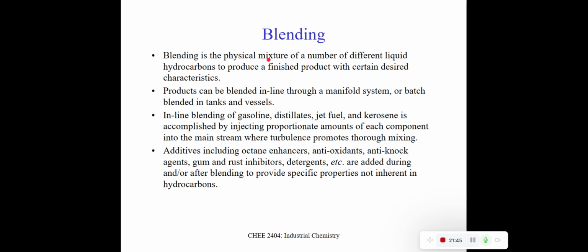These can be of two types: inline and batch blending. And these are mixed by injecting a proportionate amount of each component into the mainstream where turbulence promotes thorough mixing.